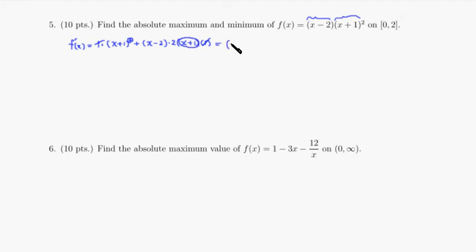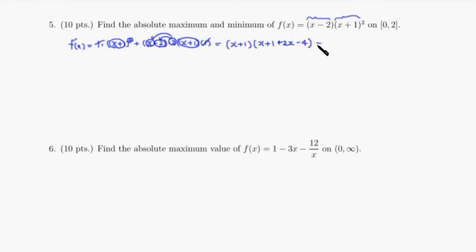So we have x plus 1 factored out, and what's left is you have x plus 1 here from the first term, so it's another 1. From the second term, you have a 2 times x, so you have plus 2x, and you have a 2 times negative 2, so it's going to be minus 4.